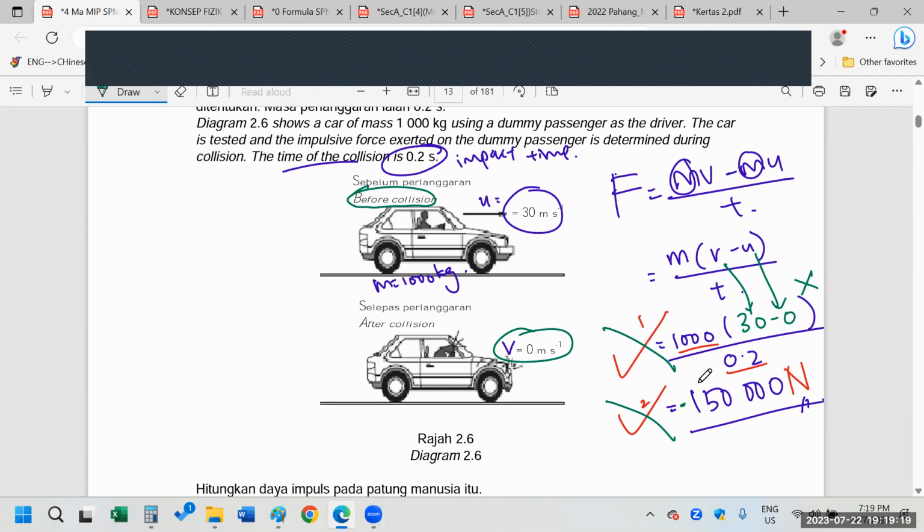Even though you press the calculator, you will get the same magnitude, the same number. But starting this year, they are quite strict on substitution. If you substitute wrongly, sorry, the answer is also wrong.